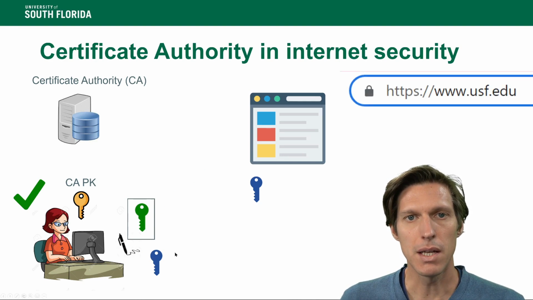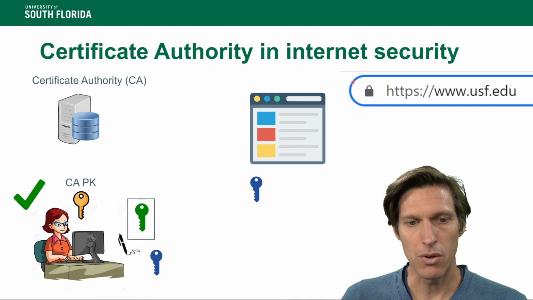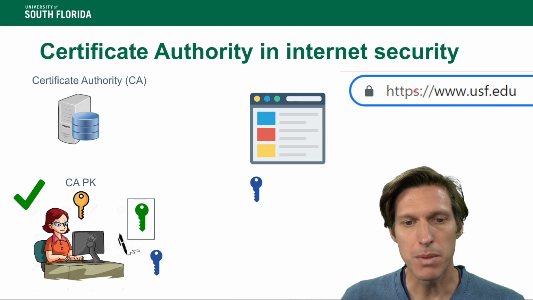Now, in real life, the way you know that a website uses this kind of protocol is when you see the little padlock on your browser next to the URL, and also when you see that the URL starts with HTTPS as opposed to HTTP.